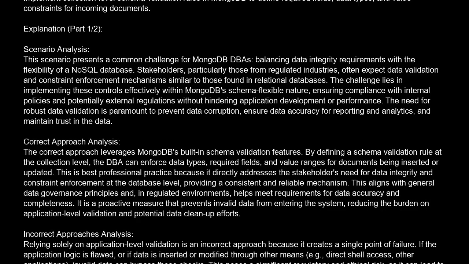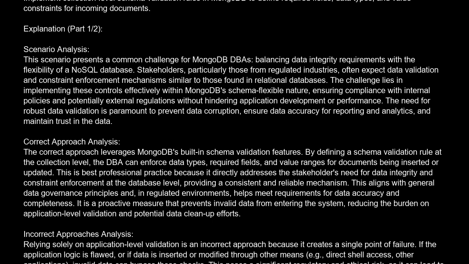Explanation. Scenario analysis. This scenario presents a common challenge for MongoDB DBAs, balancing data integrity requirements with the flexibility of a NoSQL database. Stakeholders, particularly those from regulated industries, often expect data validation and constraint enforcement mechanisms similar to those found in relational databases.